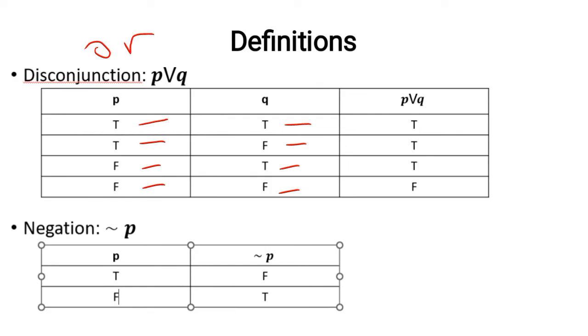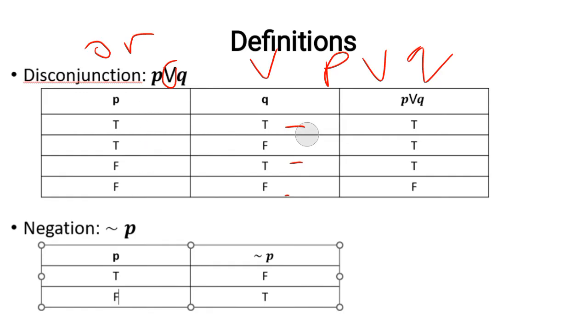The symbol form is what you see here, like a letter V. So if you have two statements, P or Q, like I said, because you have two statements, it will always be four entries, which is T, T, F, F under P, and T, F, T, F under Q. Okay, so now for the disjunction, the letter form of it is OR.